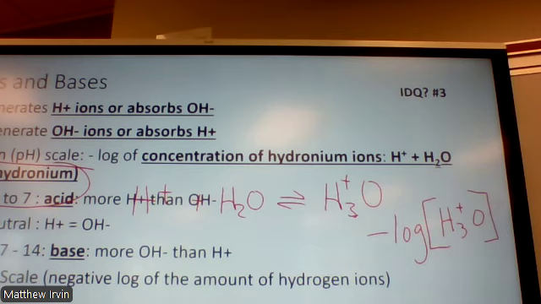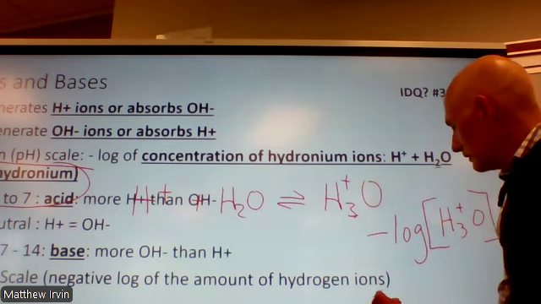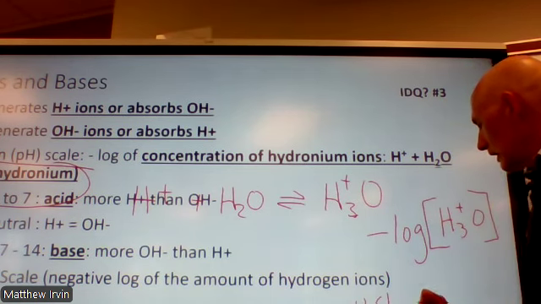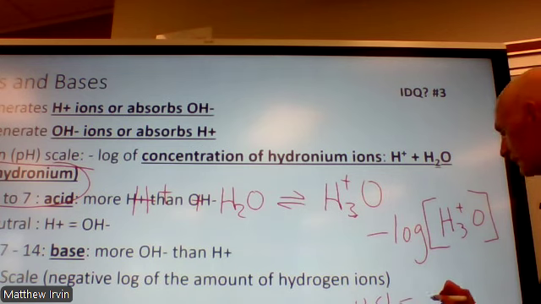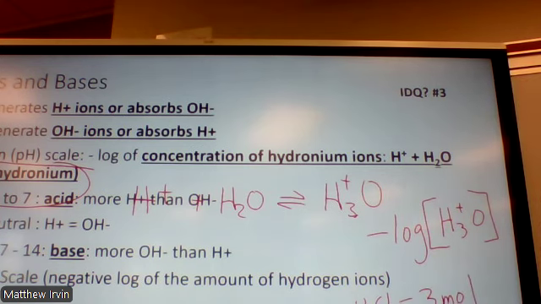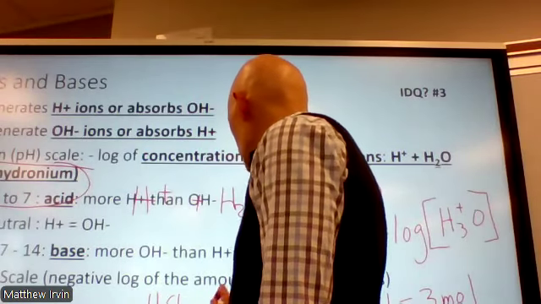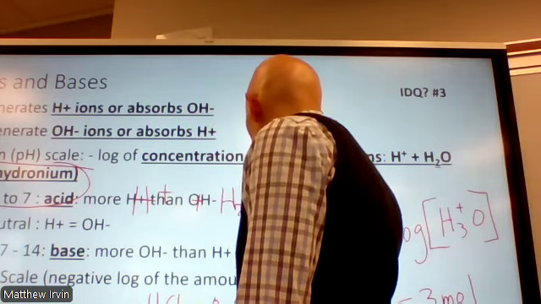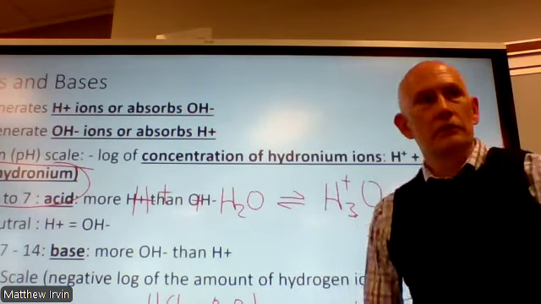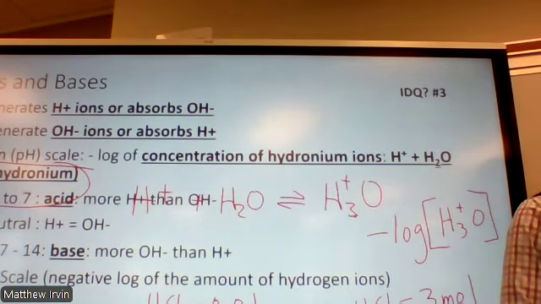So if they told you that HCl, if it is a 3 molar solution, then you would take the negative log of 3, which would be actually very acidic. If you had an HCl concentration of 0.01, that would give you a pH of 2.